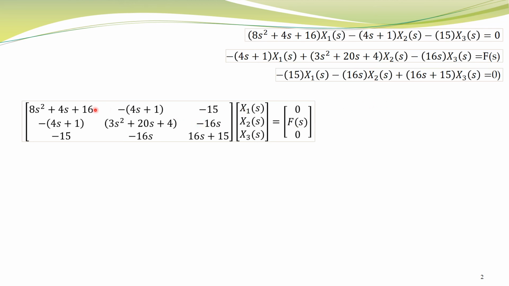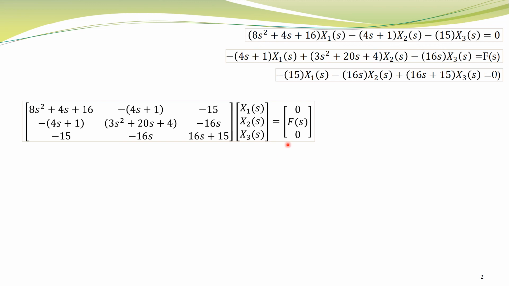So if you multiply this matrix with this vector, again you get the same equation, that is this term multiplied by x1 and this term multiplied by x2 over here, and this term multiplied by x3 which is written over here, and the right hand side of the equation is 0. Likewise, other equations are entered in matrix form over here.